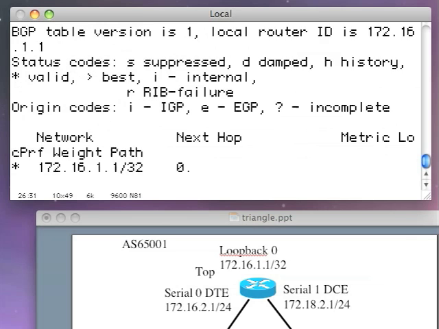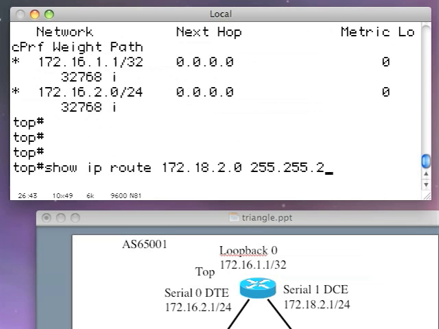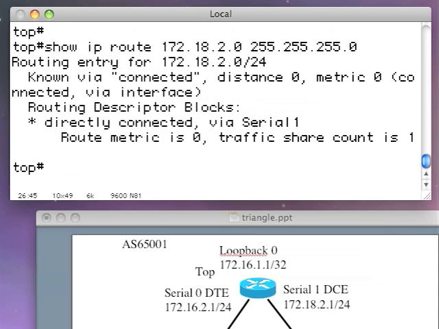Show IP BGP. Show IP route. 172.18.2.0 255.255.255.0. It's directly connected.